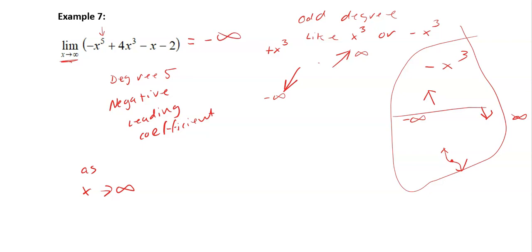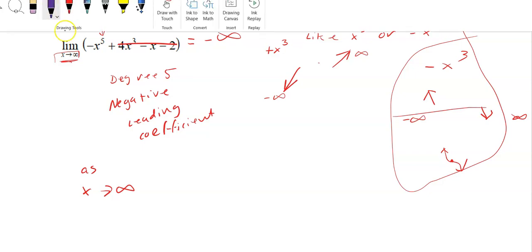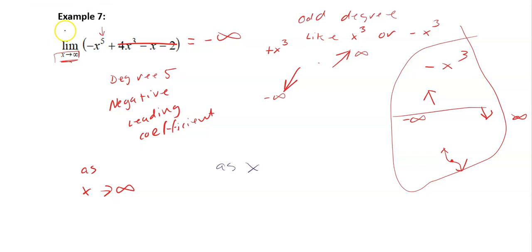The other way you can look at these is, when you have a really huge number you're putting in for x, it turns out you can ignore all but the highest degree term. Only as x gets large or goes to infinity, the negative x to the fifth dominates.